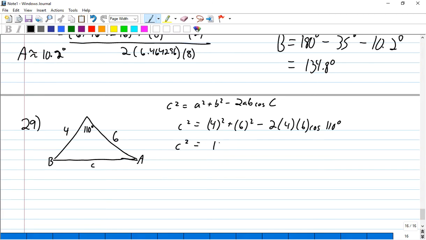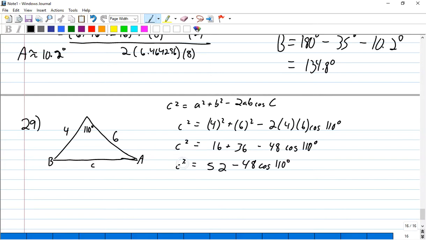So C squared equals 16 plus 36 minus 48 times the cosine of 110 degrees. All right, so that's going to be 52 minus 48 times the cosine of 110 degrees.